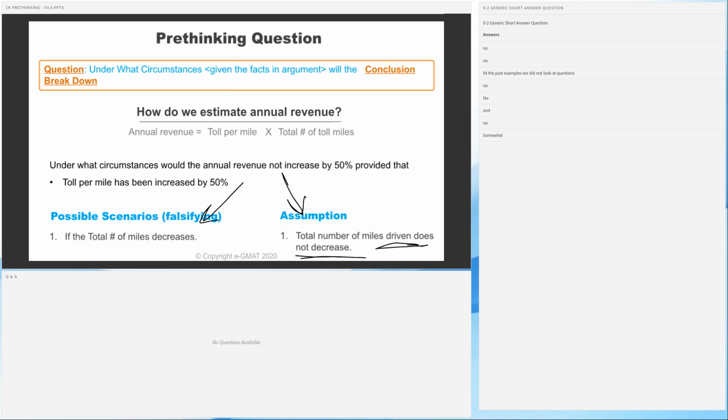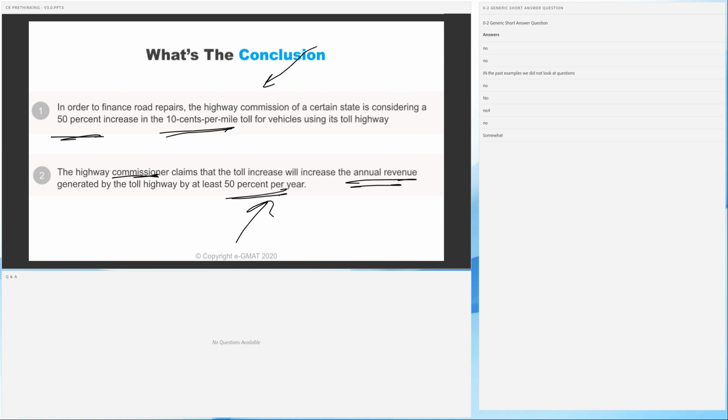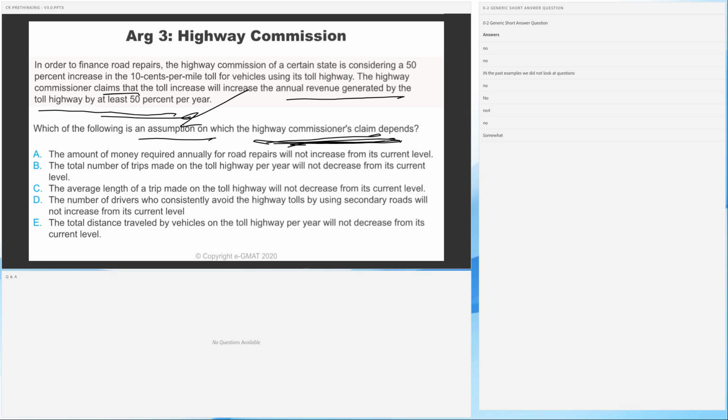Now, your boss tells you, the company didn't make a profit as a whole, but you did your job, so I can't give you that bonus. In that case, would that be fair to you? It probably would not be. Why? Because that wasn't a precondition for the job that was given to you. In the same way, the highway commissioner did not really say, I'm going to generate enough revenue to be able to do all of the road repairs.